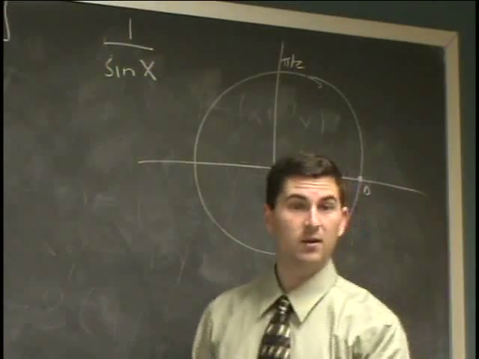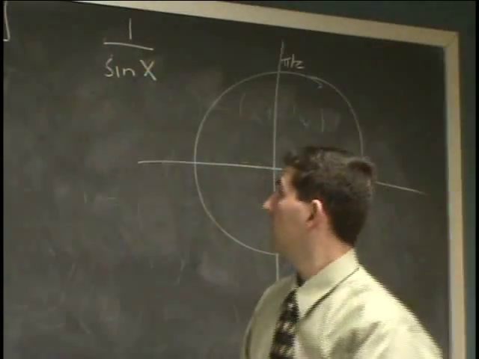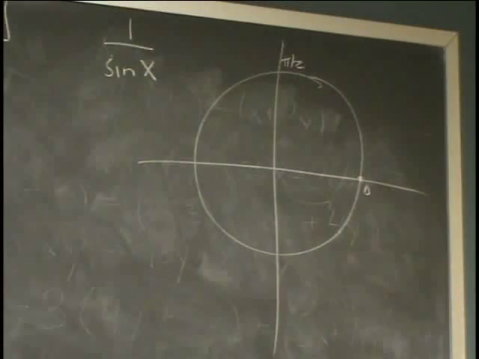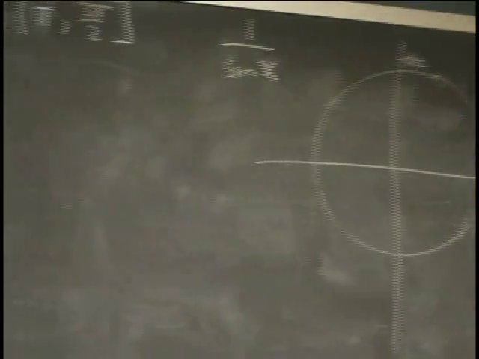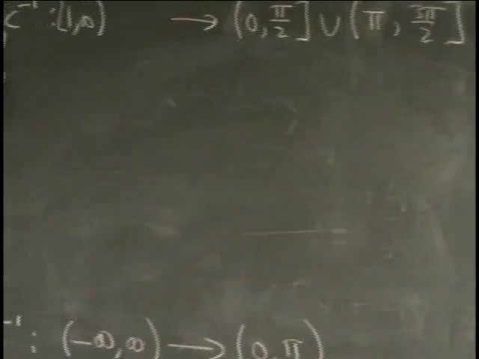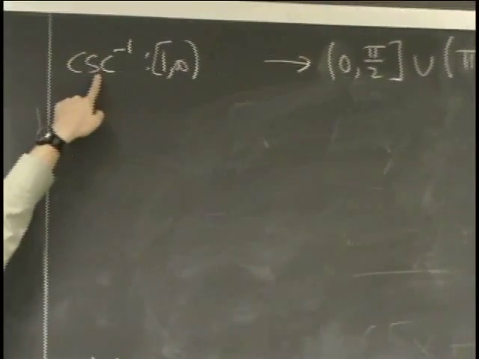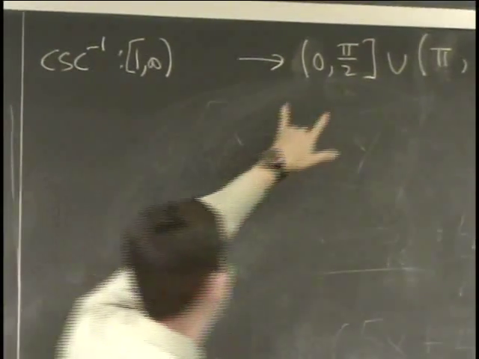It gets really big. So when you look at the cosecant function and apply it in this range, it's going between 1 and infinity. And so that becomes the domain of cosecant inverse, at least on this part.